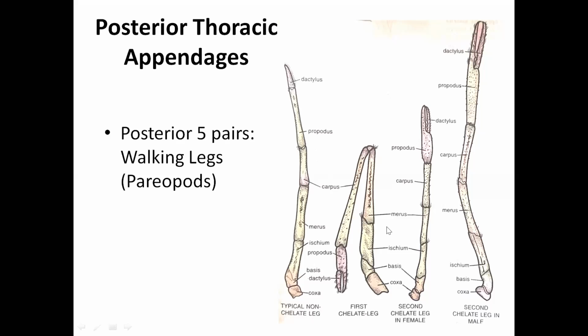Here we can say that this is the first chelate leg. Here the coxa, basis, and these are the different podomeres. Then the second chelate leg in the female has the chela but smaller in size. And here the second chelate leg in the male has a larger chela and a stronger, larger leg.